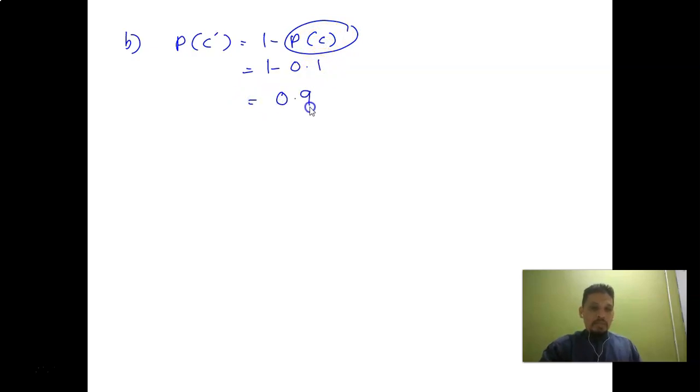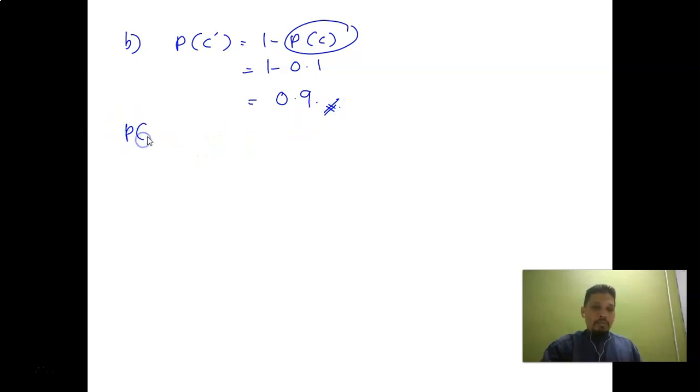And next, for B, probability of C complement equal to 1 minus probability of C. So then 1 minus 0.1, please refer to the question, probability of C equal to 0.1, so that gives you 0.9.